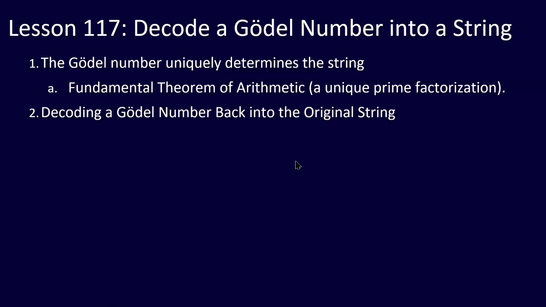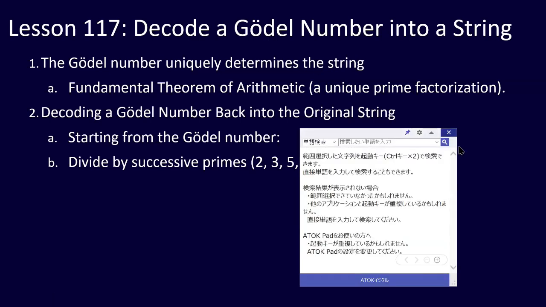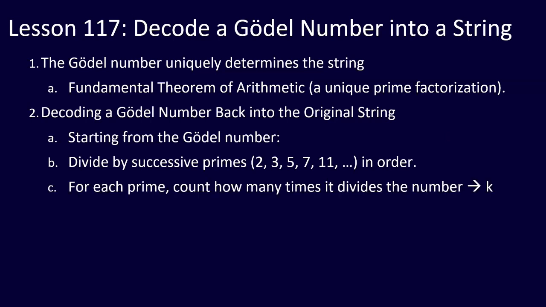So how to decode a Gödel number back into the original string. Starting from the Gödel number, of course, we do the same algorithm in reverse order. We divide by successive primes in order. So we would divide by 2, for example, and see how many times we can divide by 2. And then we divide by 3 and check how many times we can divide by 3.